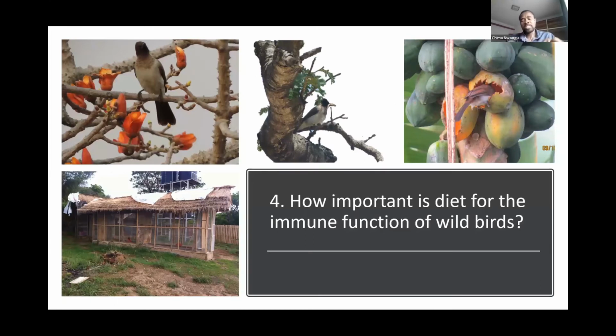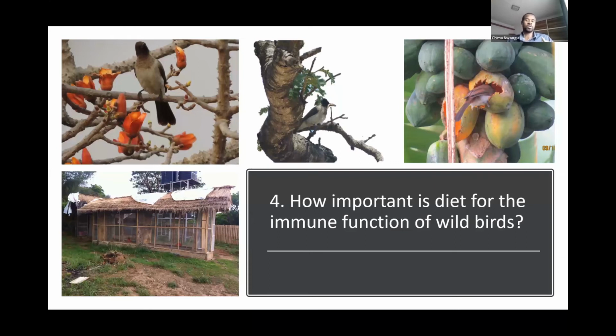Okay, so now the last part of the study is about diet. So now what we did here was we isolated one component of the environment, which is food, because food resources vary across the different parts of the annual cycle.